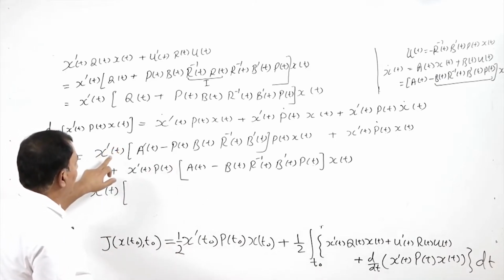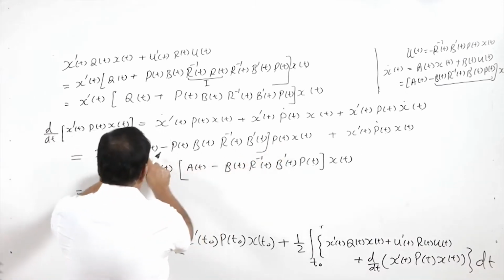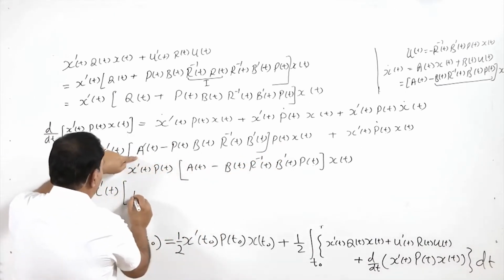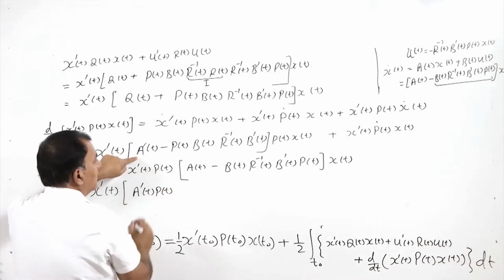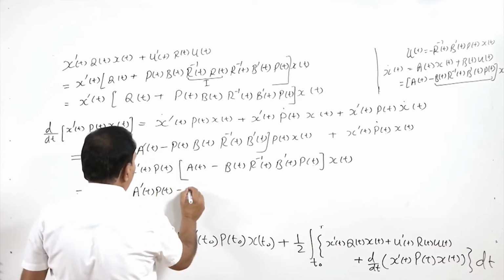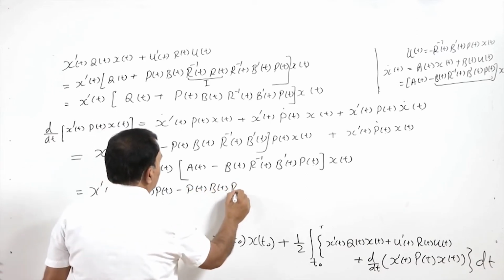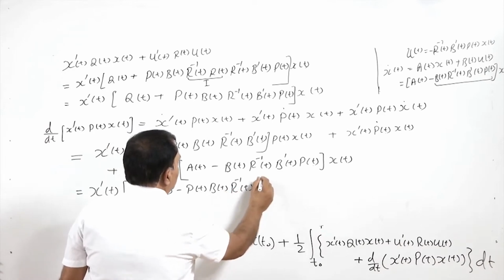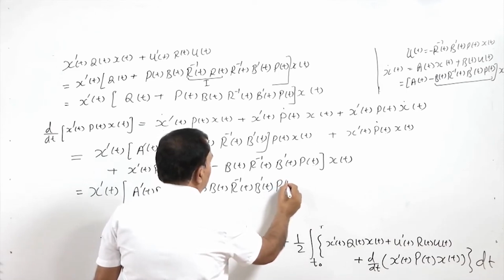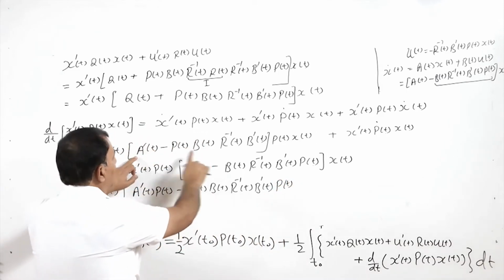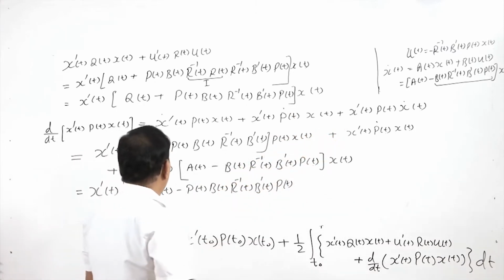So I will take x transpose of t from here, and P we are multiplying into this in the first equation, this is A transpose t P(t) minus P(t) B R inverse B transpose P. So by expanding this, I will get this, and we will take x outside the bracket.